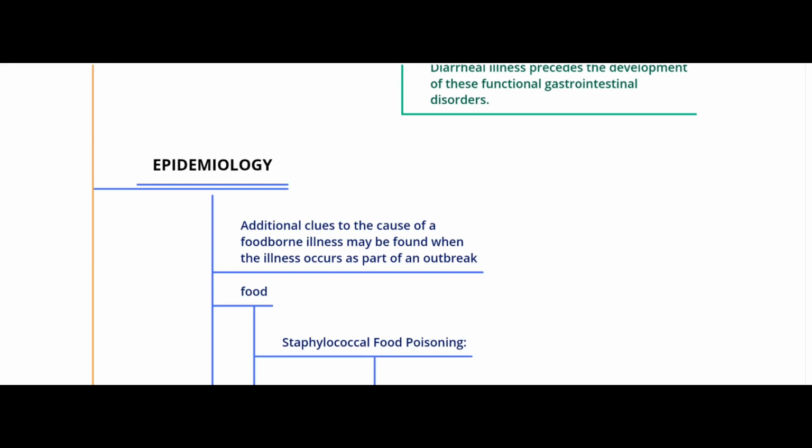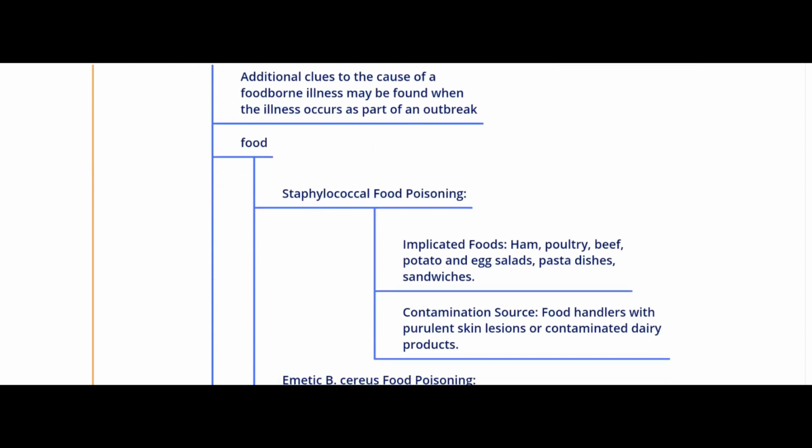If we get into the epidemiology, it is important to know the epidemiological status in our area and of our patient. Then this can give clues into which disease caused our illness. For example, if we look at the food consumed, Staphylococcus food poisoning is usually in ham, poultry, beef, potato, egg salads, pasta dishes, and sandwiches.